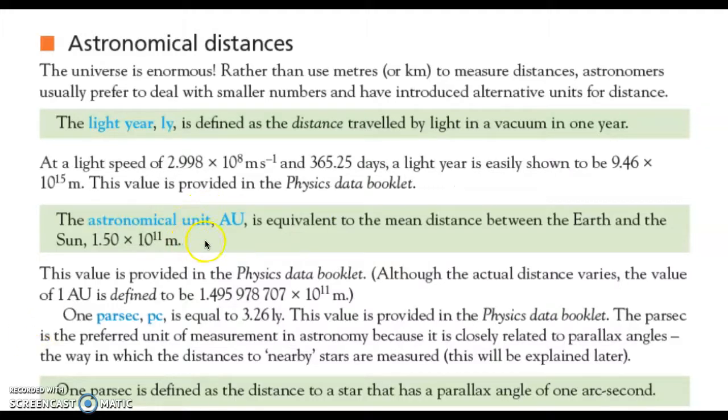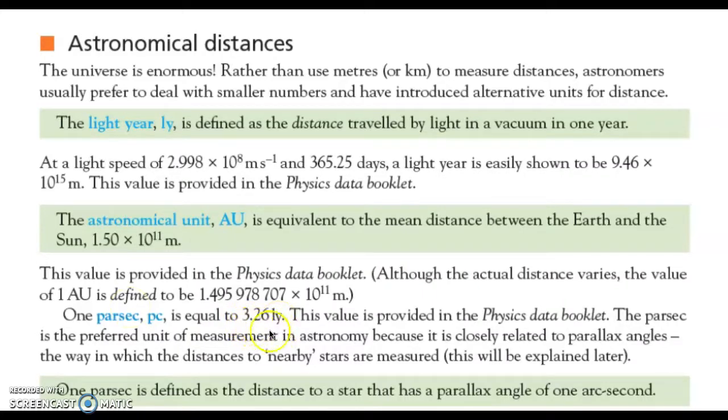The astronomical unit, 1 AU, is a little bit easier to consider because it's just the average distance between the Earth and the Sun. It's actually quite a small distance in comparison. But that distance is 1.5 times 10 to the 11 meters. Okay, so the third basic distance, the parsec, is equivalent to 3.26 light years.